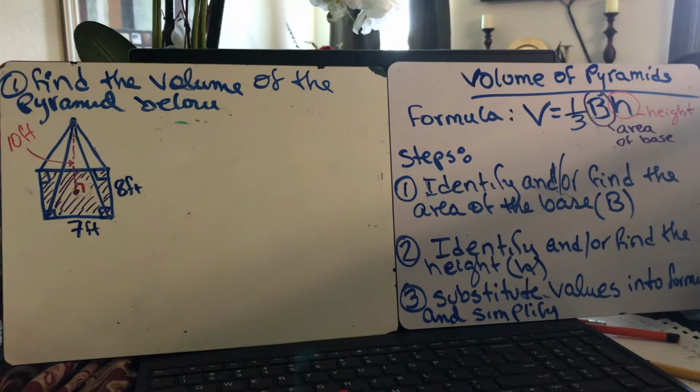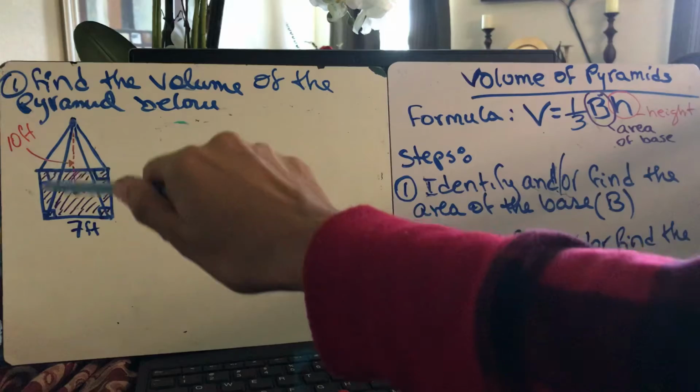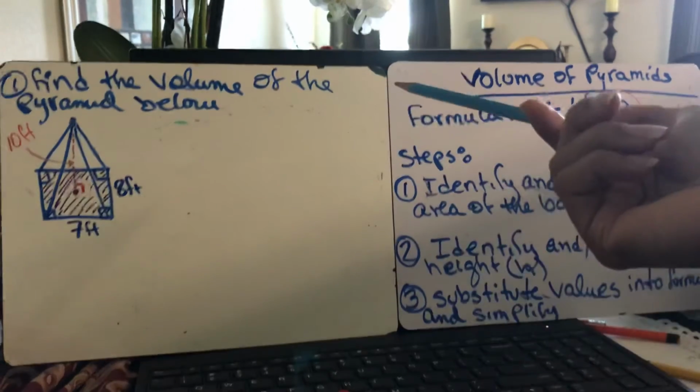Okay, so the steps here to find the volume, it says first identify and or find the area of the base. And that area of the base, we always again write it down as a capital B. So I'm going to identify the base because my base not all the time is going to be a rectangle, which I see right away that it's a rectangle.